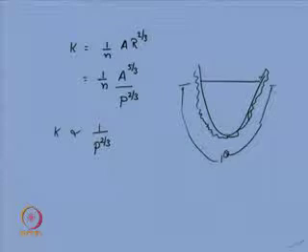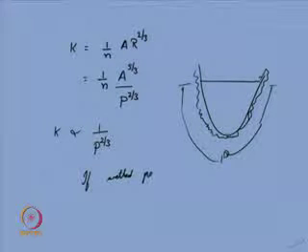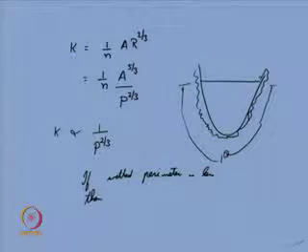So, if your wetted perimeter is less, then K is more, your conveyance is more.